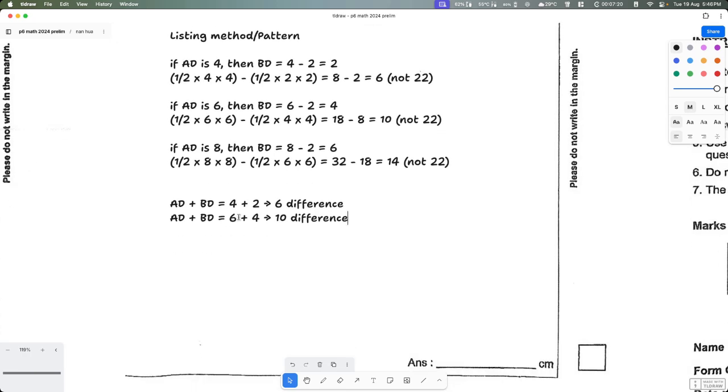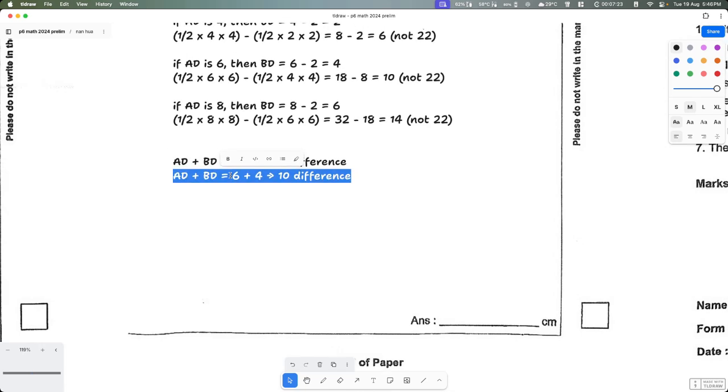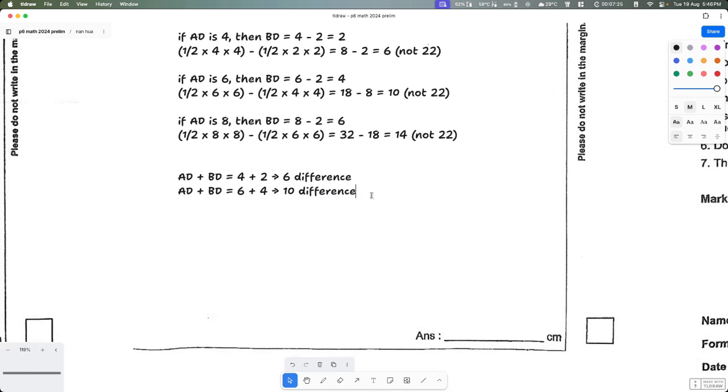So with that said, we can just use this pattern. So the difference minus 2, divided by 2.